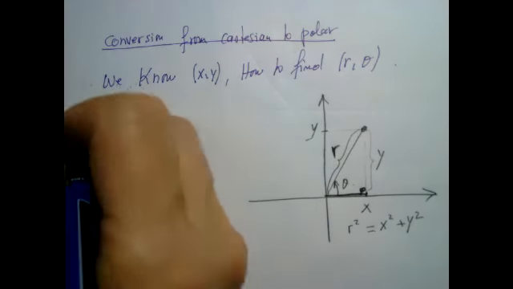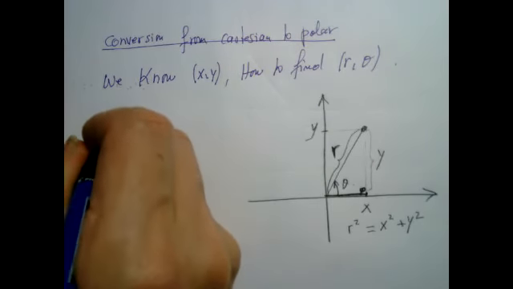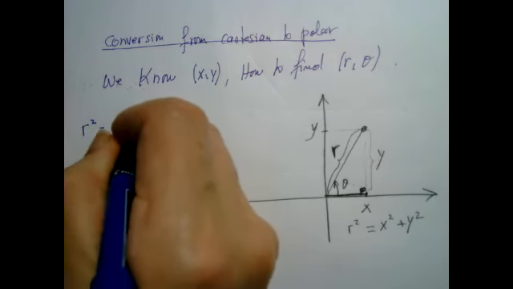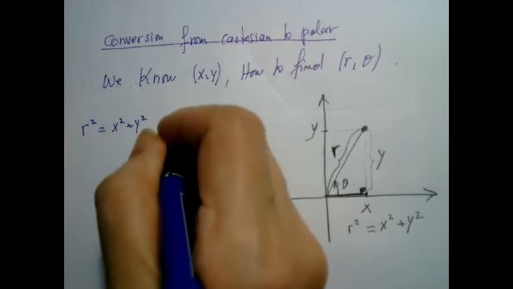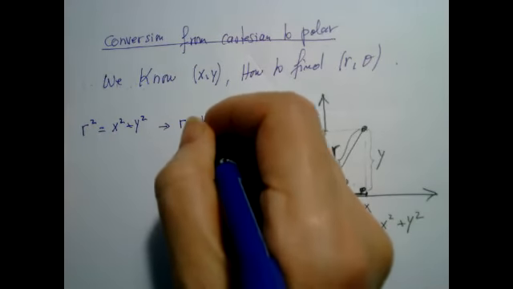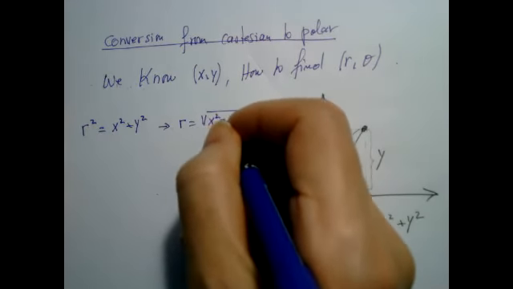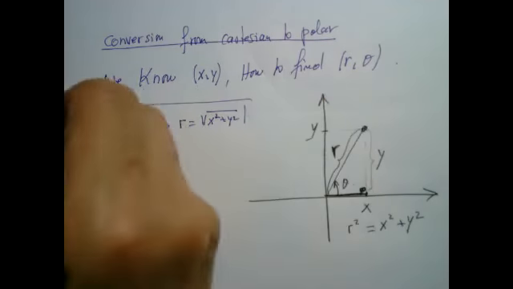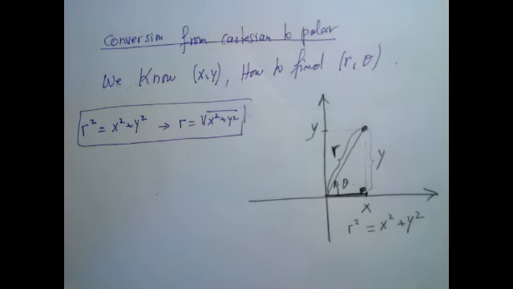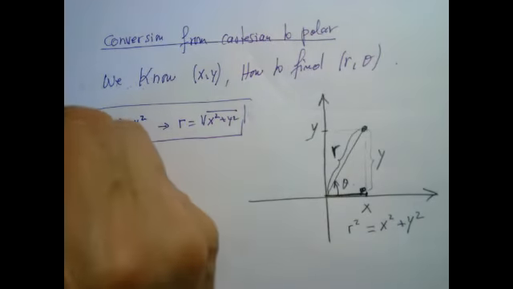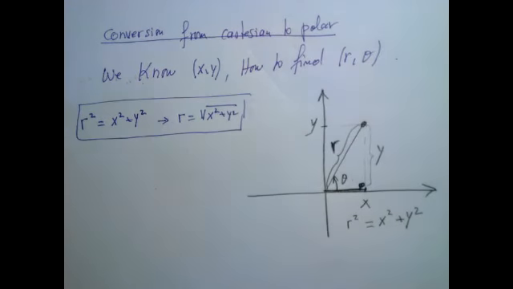So that's the first rule. So r squared is x squared plus y squared. So this will give me that r, you don't have to memorize that, is the square root. I found my r. Now theta. How do you think I'm going to find theta?